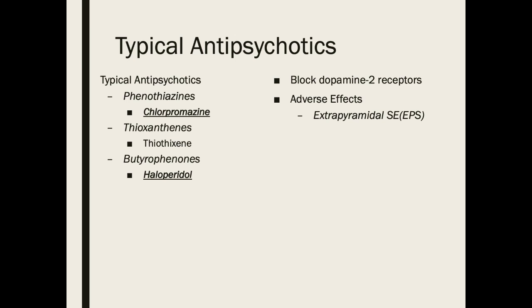And these extrapyramidal effects, you'll see this. There are a number of medications that cause this. So you give your Haldol, and then you might see your patient starting to kind of contract and scrunch up maybe one side of their mouth, one side of their face, and into their neck. So if you see those muscle contractions in their neck and their face, you know that's an extrapyramidal symptom.